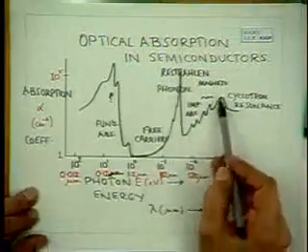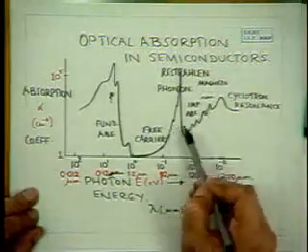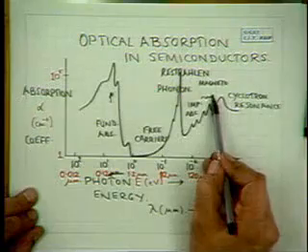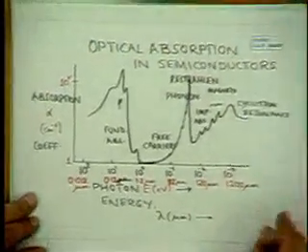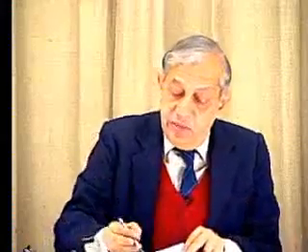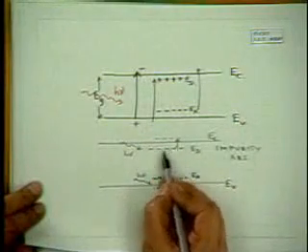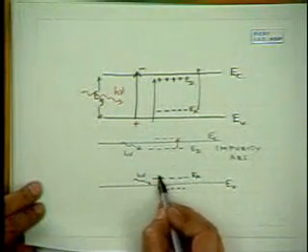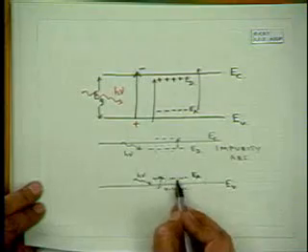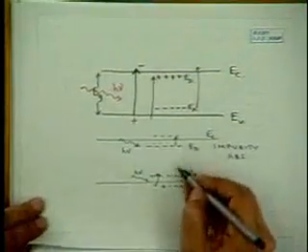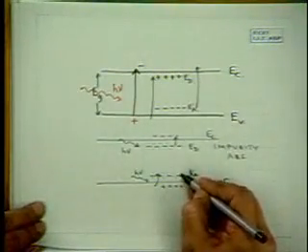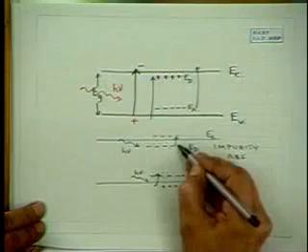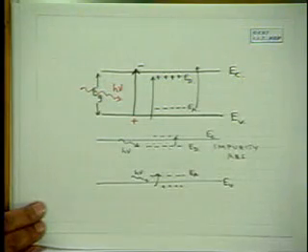And later I'll discuss magnetoabsorption, which is due to the application of a magnetic field, which can split up these levels, and as a result one can get absorption between these levels and the bands or at longer wavelengths.